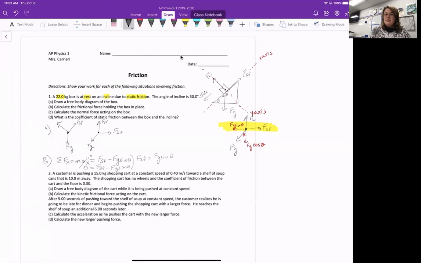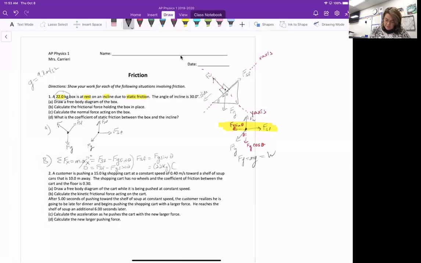Well, what is Fg sine theta? Well, I can determine it. I know the mass. Fg is equal to mg, which is equal to the weight, remember. So I know that that is 22 kilograms times, let's see, did I use 9.8? I did. So I'm going to assume g is equal to 9.8 meters per second squared.